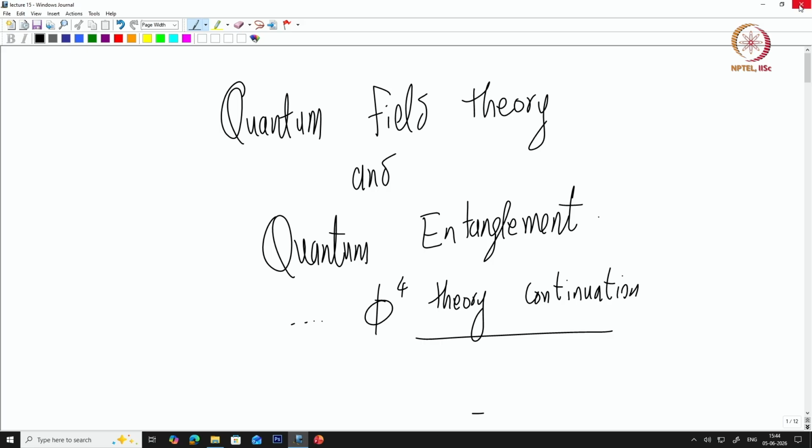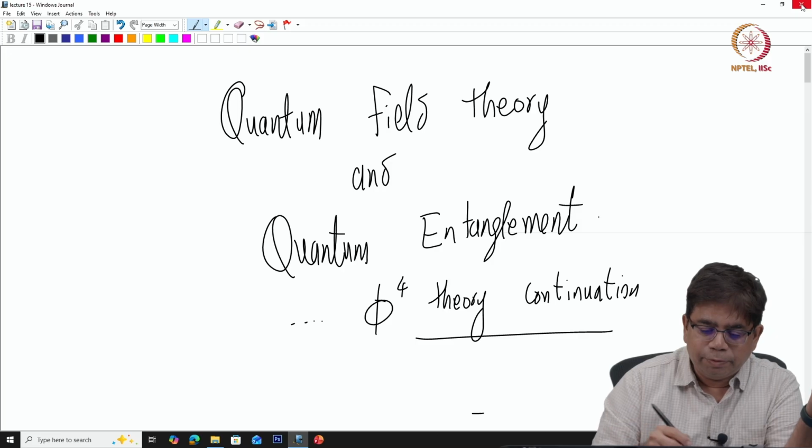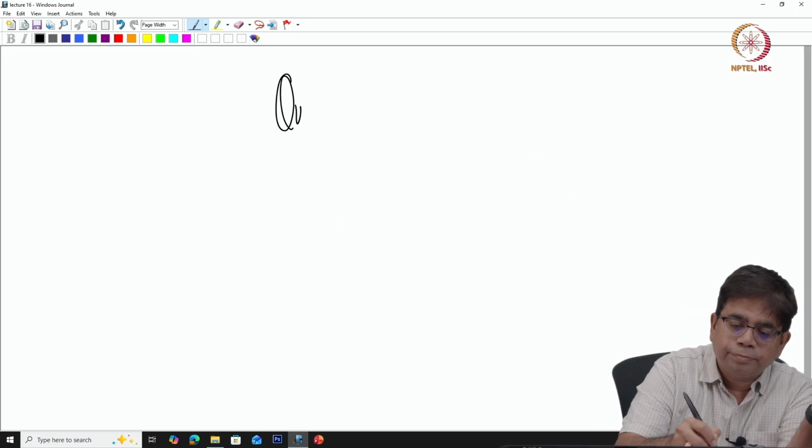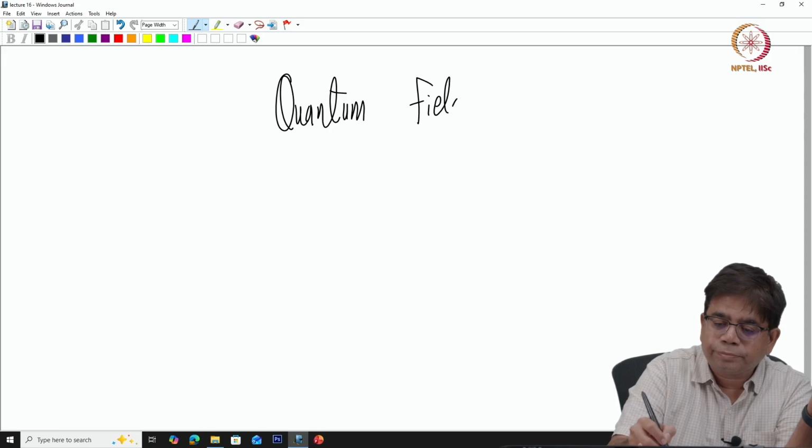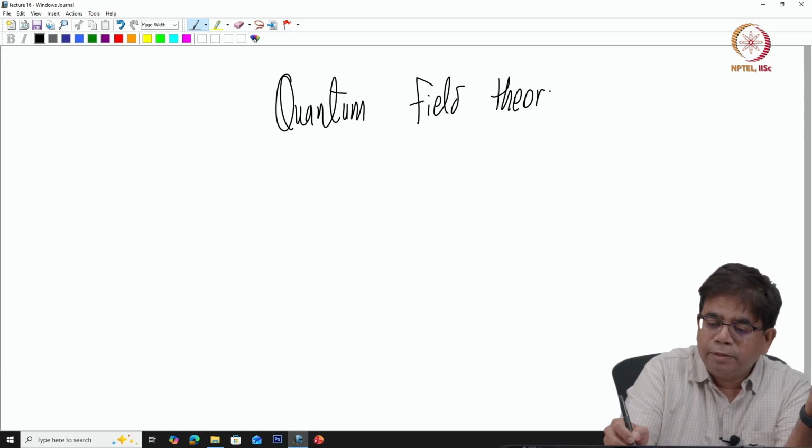We have done the interaction theory and the justification of the Feynman diagram technique. We will keep it as it is, and now we will move to particles other than spin zero. We will start looking at particles with non-zero spin.